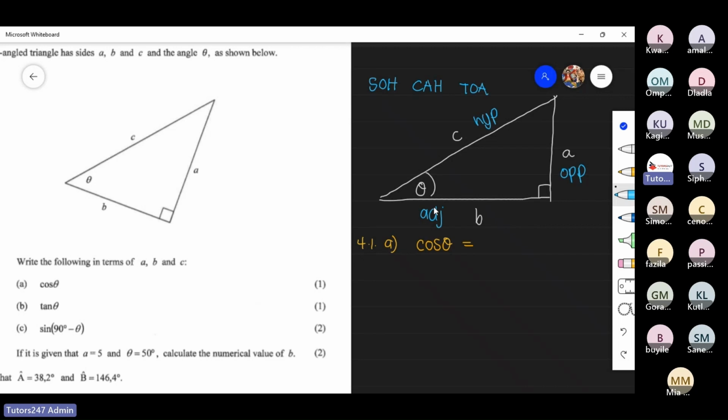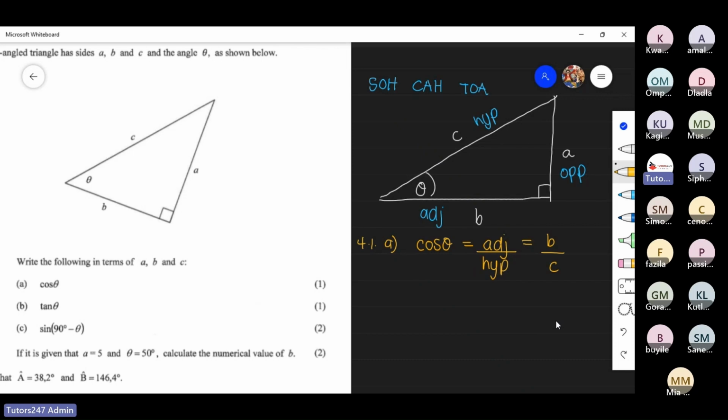We can see that it's C for cos, A for adjacent, H for hypotenuse. So our cos theta is going to be equal to the adjacent over the hypotenuse. Our adjacent value is B, whereas our hypotenuse value is C, and that is our answer.